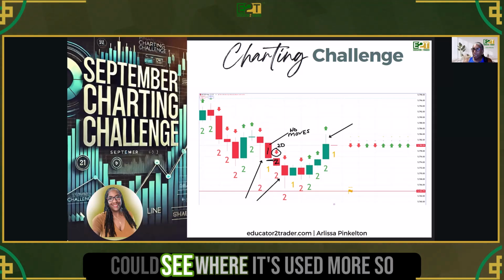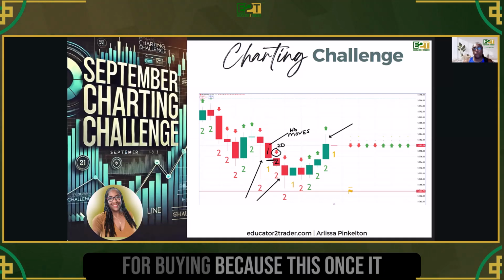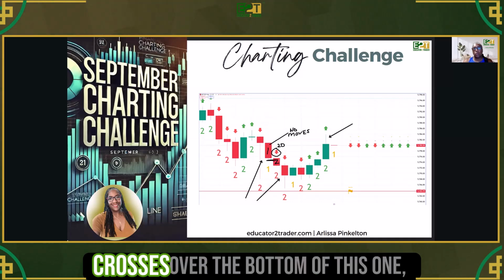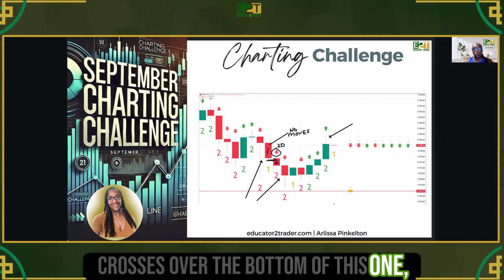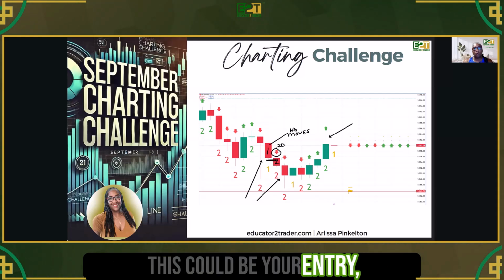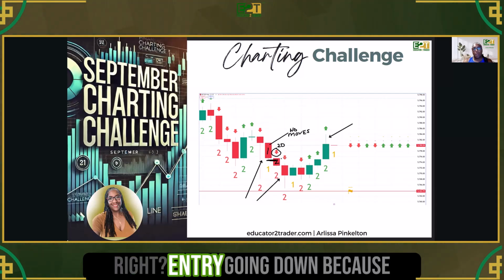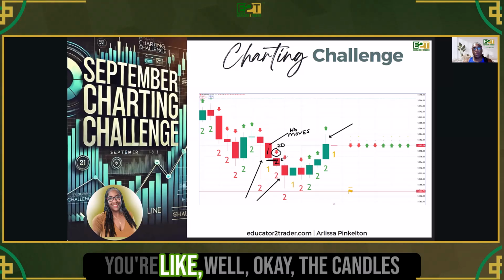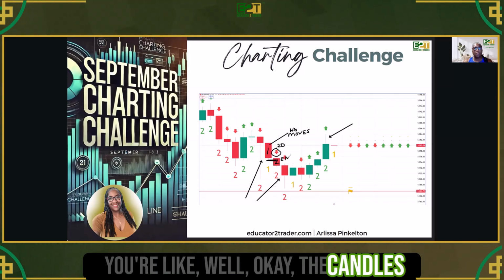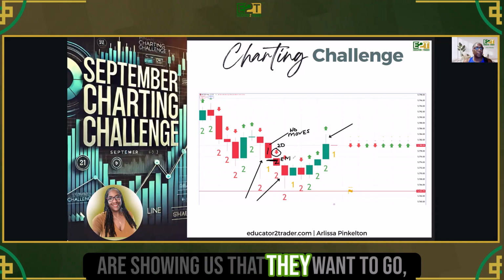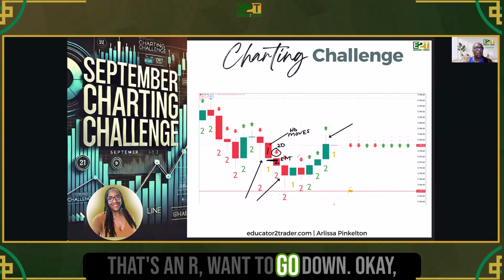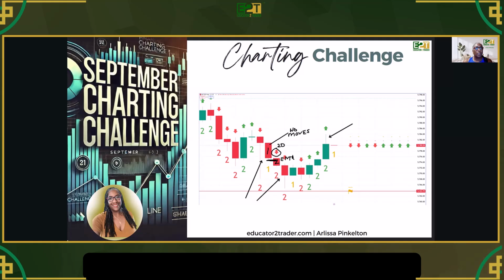Primarily, I could see it used more so for buying. Because once it crosses over the bottom of this one, this could be your entry, right? Entry going down because you're like, well, okay, the candles are showing us that they want to go down.